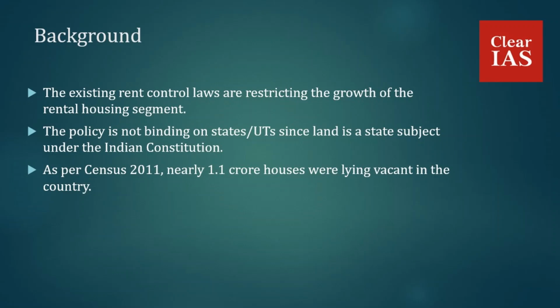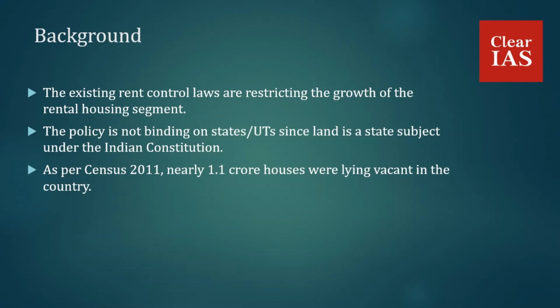And if you see the census data, as per the census of 2011, nearly 1.1 crore houses were lying vacant in the country, and making these houses available on rent will complement the vision of our housing for all by 2022. The existing rent control laws are restricting the growth of rental housing and discourage owners from renting out their vacant houses due to fear of repossession.